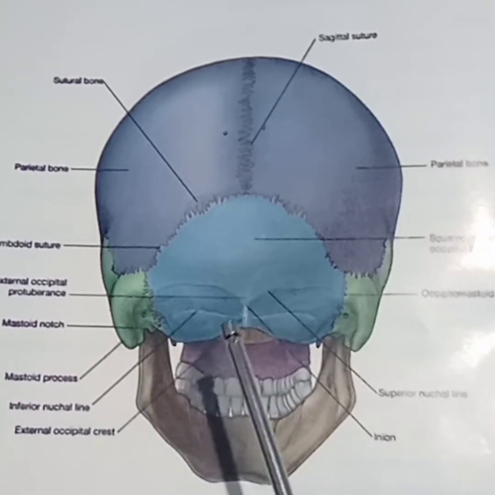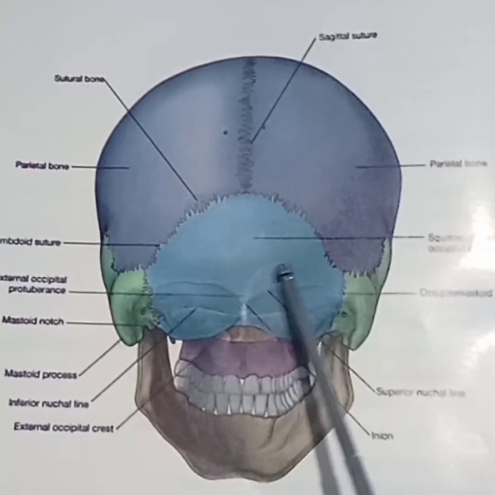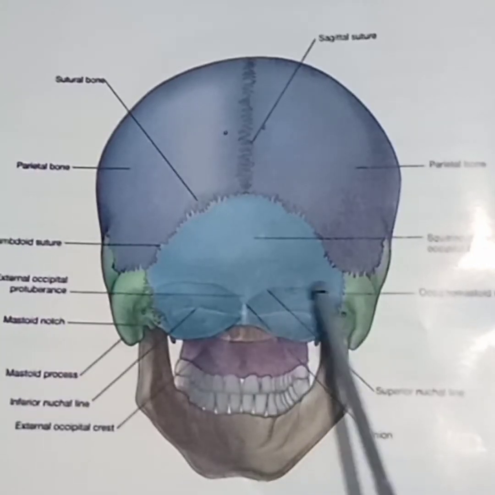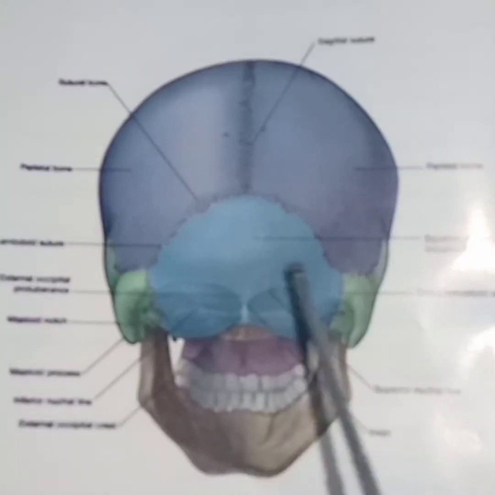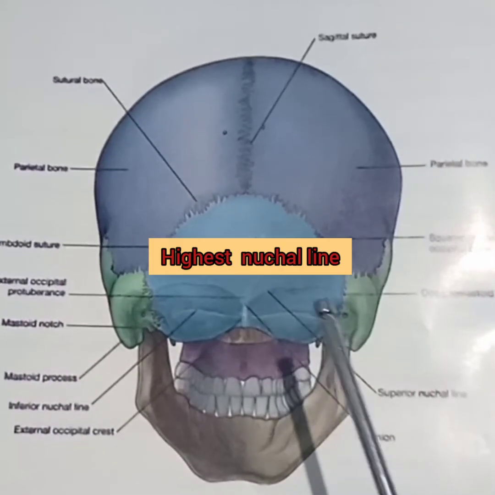In a few skulls, you can see a third nuchal line, which lies here about 1 centimeter above the superior nuchal line. This line is faint and is named the highest nuchal line.